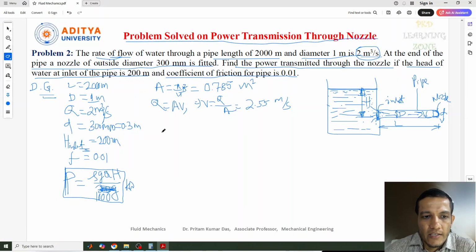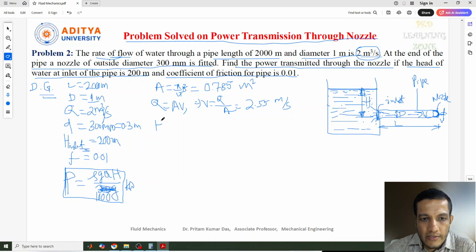Now the next thing is, we'll go to the formula directly. Now here if you see rho g Q H, this H is actually the head at the outlet of the pipe, in the sense outlet of this nozzle condition, the head which is present at this position. But here the data is given, head at the inlet condition.